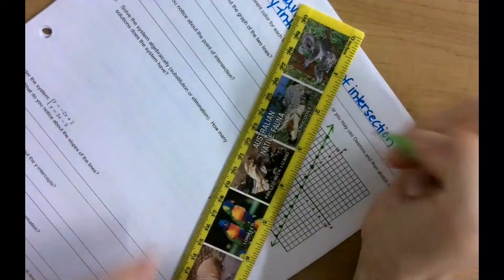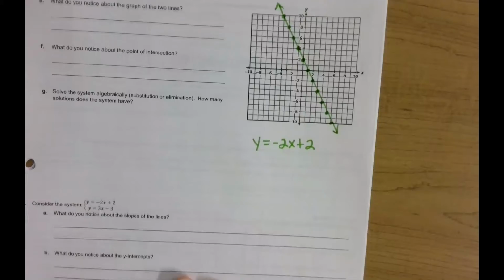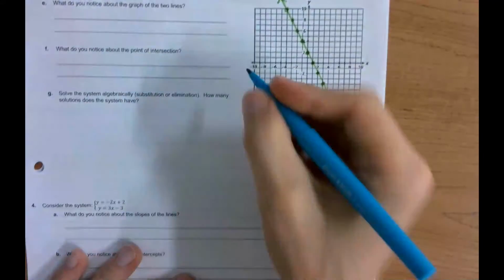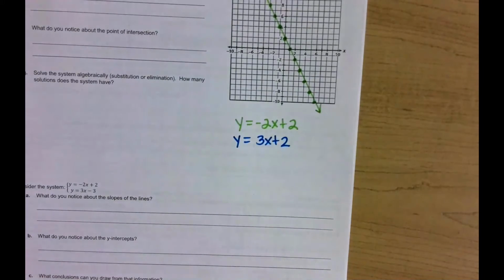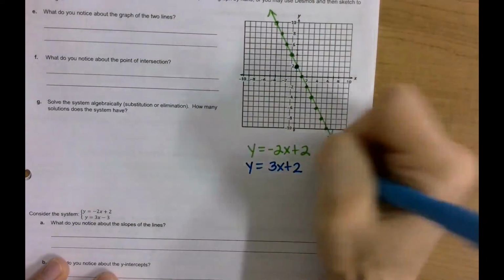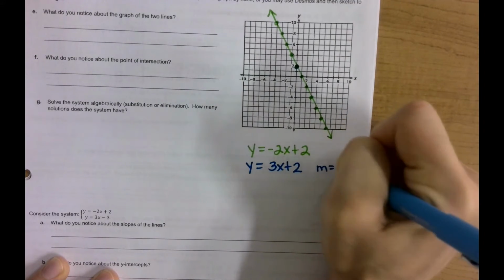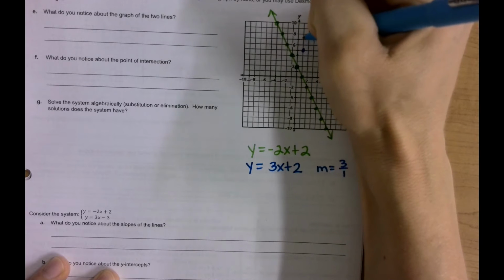All right, now I'm going to do the other one in blue. It was 3x plus 2. All right, so same y-intercept here. And then 3x, so that's 3 over 1, positive 3, so I'm going to go up 3, 1, 2, 3 over 1.